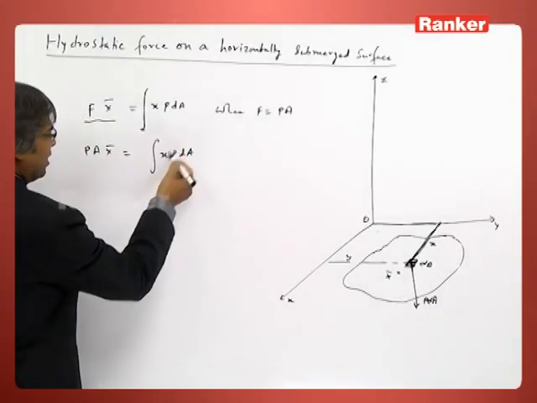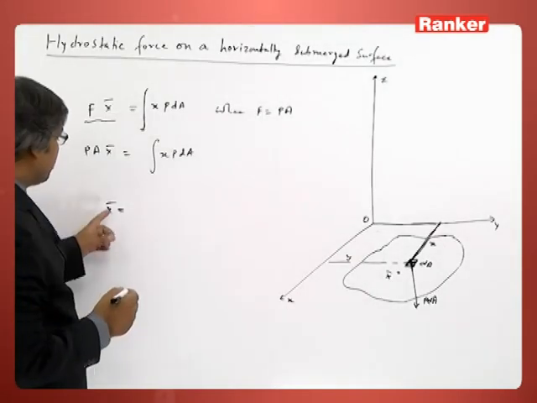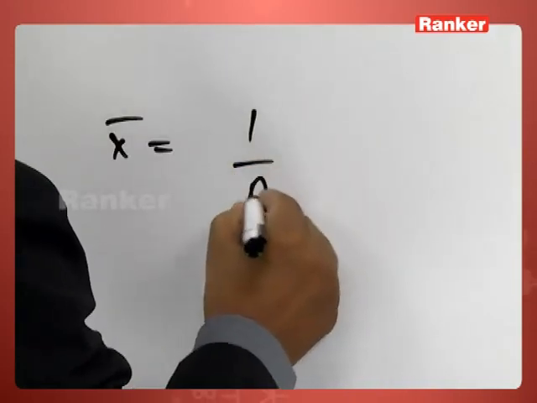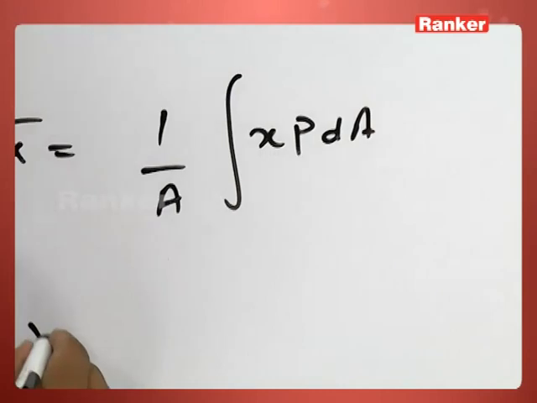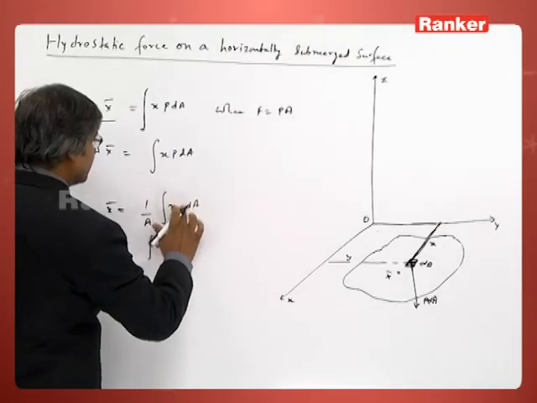Now since P is constant, I can take it out, and so X bar, that is the position of the line of action, will become 1 by A times integral X P dA. This P cancels out.